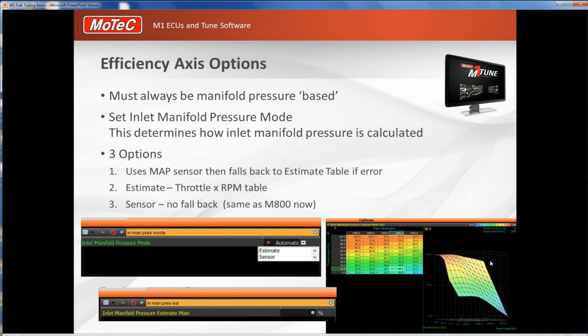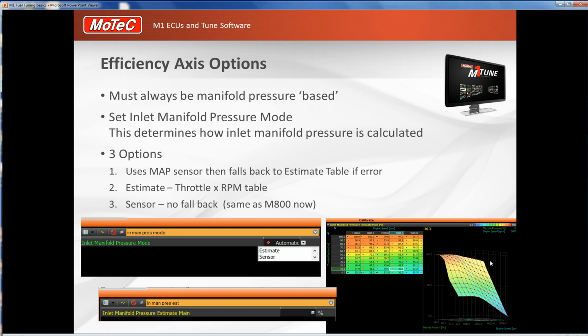Conversely, at 100 kPa, or 1 atmosphere, 101 kPa, and an efficiency number of 100%, the M1 is assuming that this 4-litre engine is passing 4 litres of air through it per cycle.